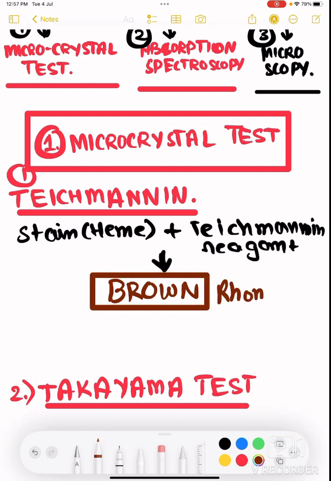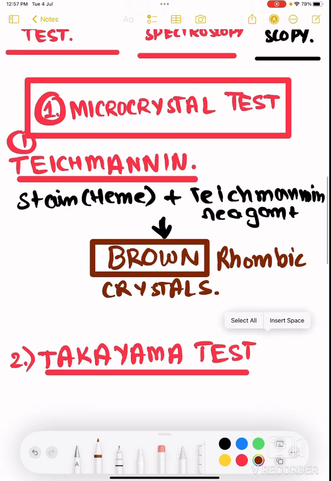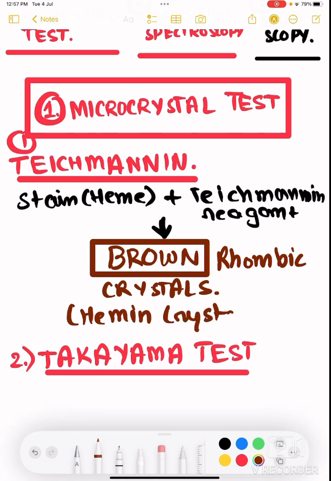Brown rhombic crystals will be formed, and these crystals are hemin crystals, right? So the important thing here is that Teichmann gives brown rhombic crystals.